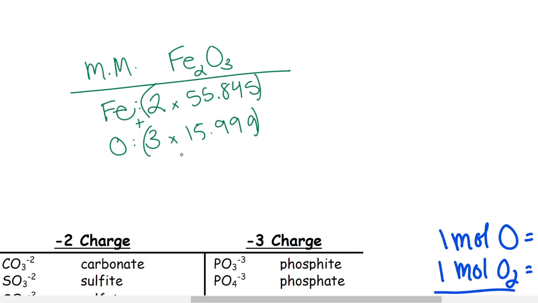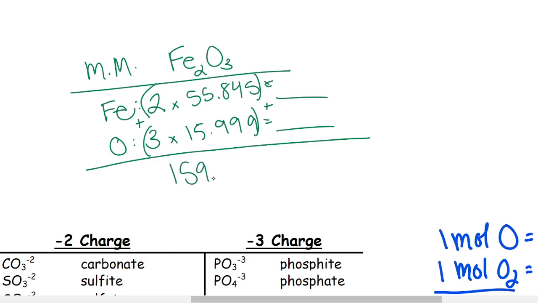If you're not a fan of putting it all in together, of course you can still get the answer by taking it this way. So when I did that, I got 159.687. Is that what you got?